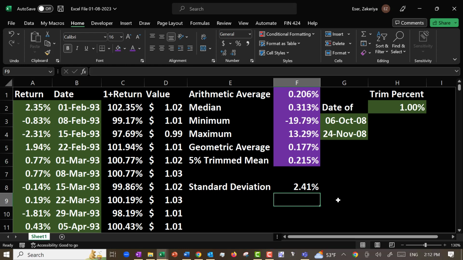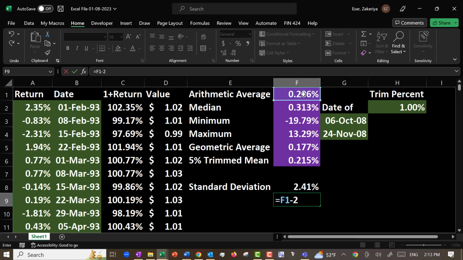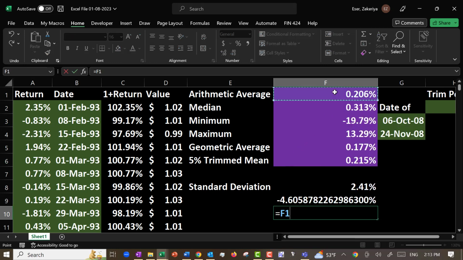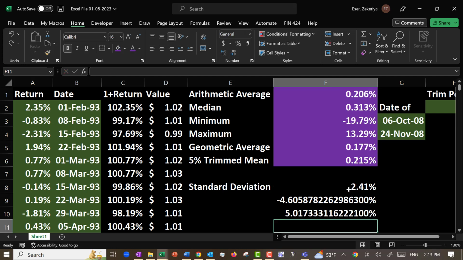The trouble is, if you did this, the mean minus 2 times standard deviation, and mean plus 2 times the standard deviation, it says 95% of the time, the returns are going to be between negative 4.6% and 5% in 1 week.